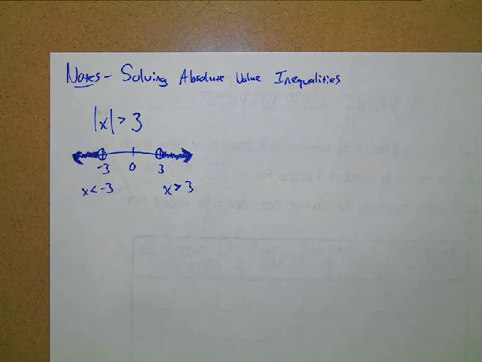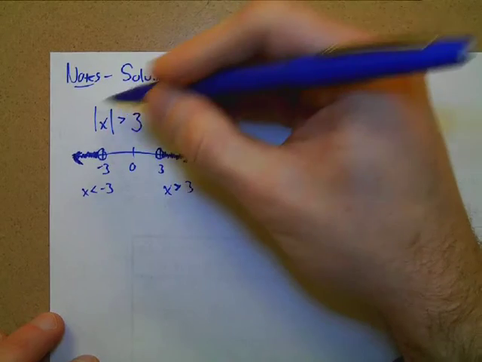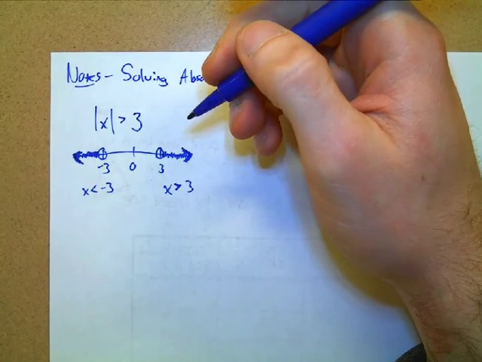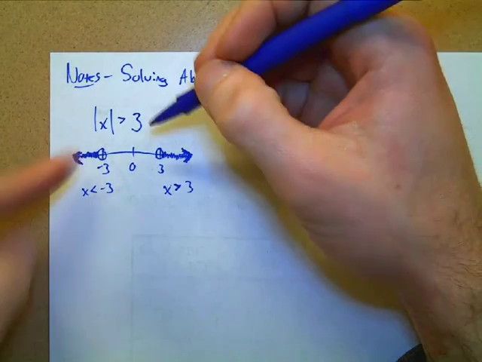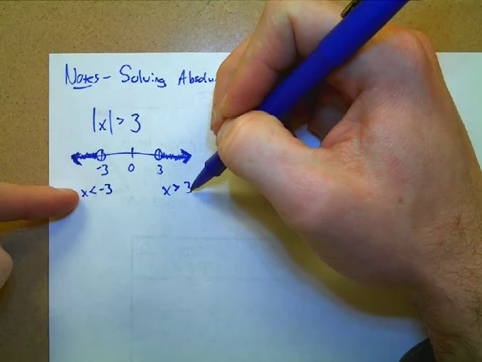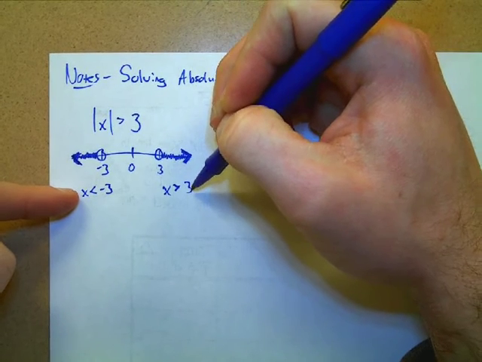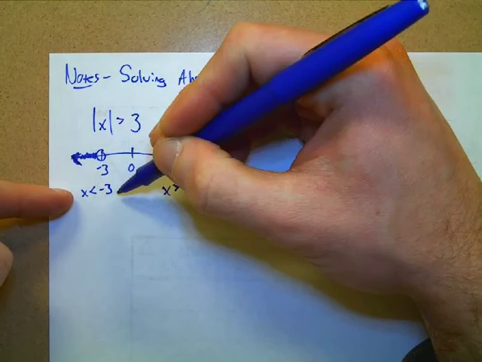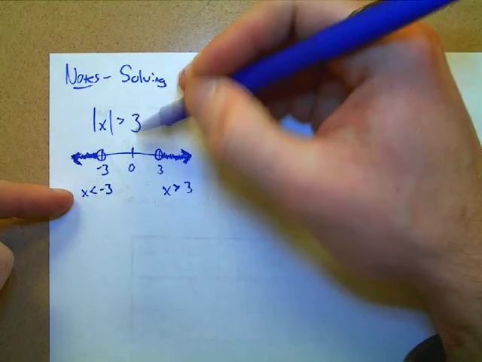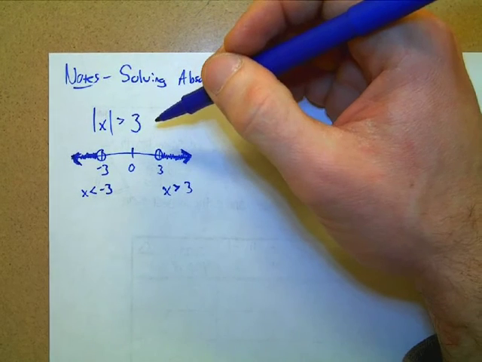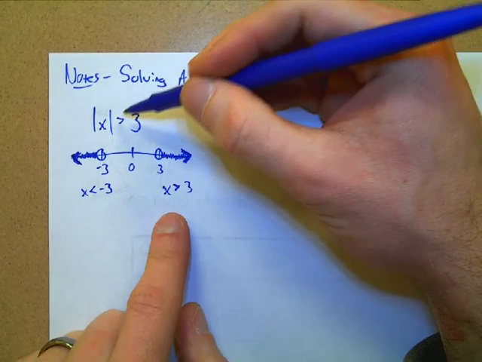So, our original absolute value inequality, like the equation, when we have an equal sign here, it splits into 2. And like the equation, one of the 3's stays 3. One of the 3's becomes a negative 3. Okay, so we have the opposite signs there. The one difference here from the equation, though, is that an equation doesn't really have a direction.